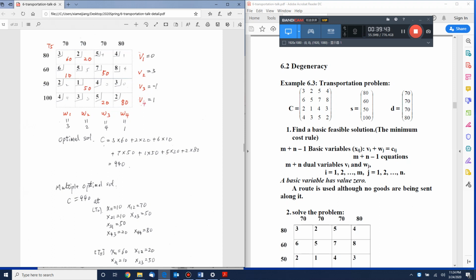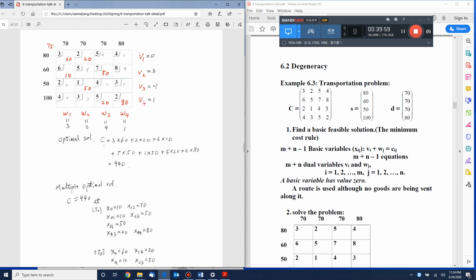We add all of them, then you just subtract the costs. You could find out none of them are positive, right? Less than or equal to 0. So in this way, we also reach optimal solutions, right?